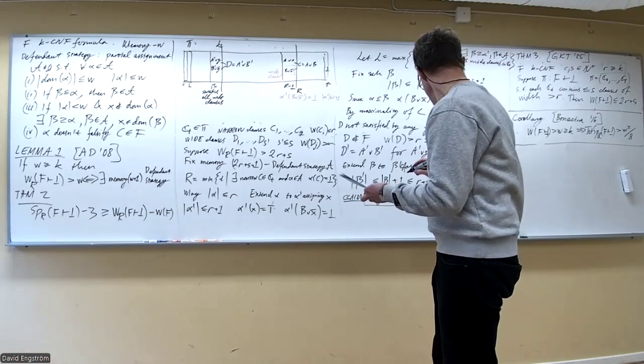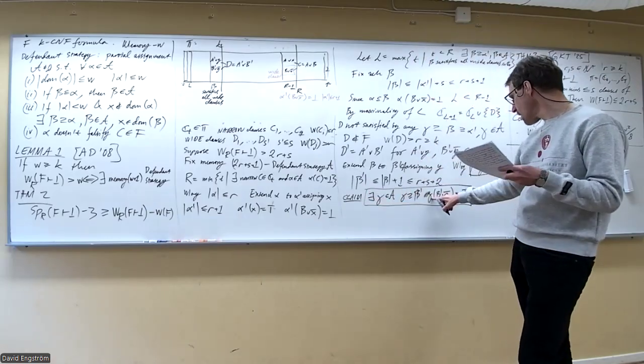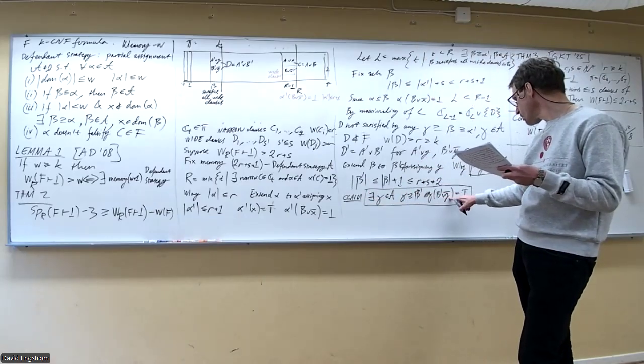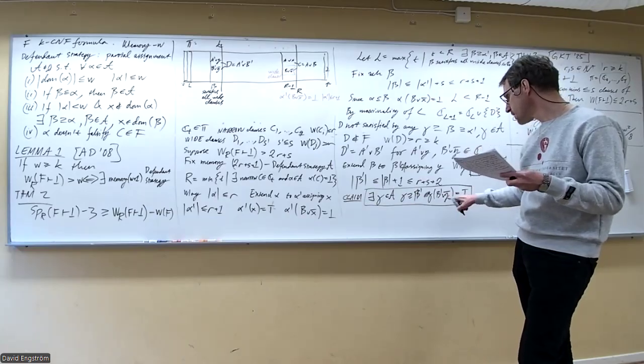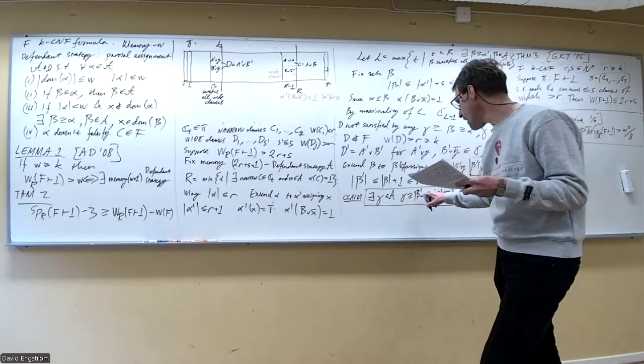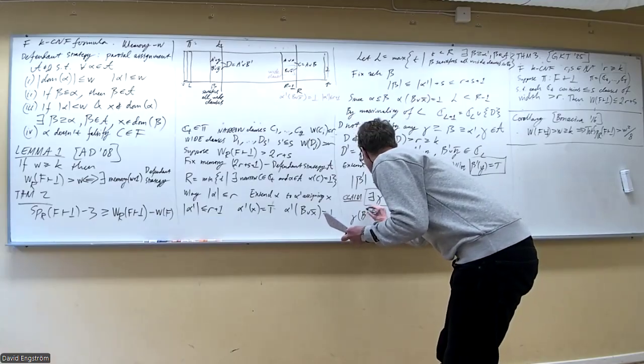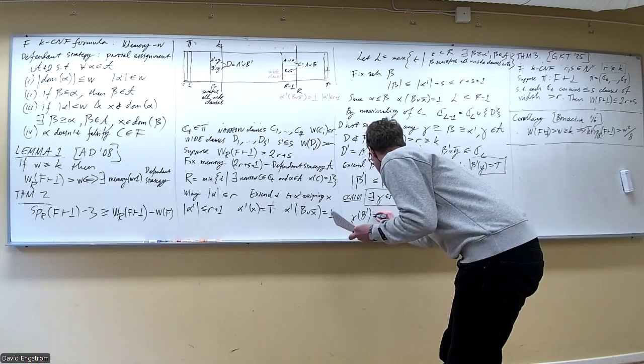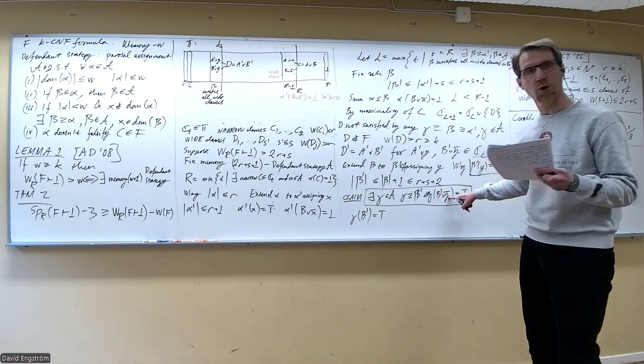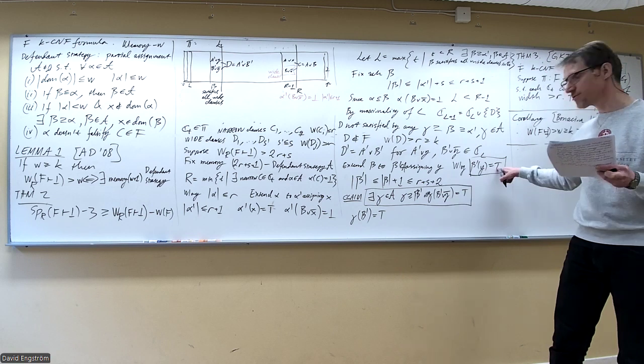Well, if gamma of beta prime of y is true, and gamma extends beta prime, that means that gamma of b prime is in fact true, because we know that it's setting y to false.